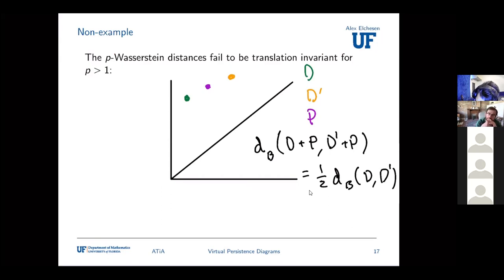I can match this point to the point P and this point to the point P as well, and that gives half the distance. I can obviously make this distance go to 0 if I put more and more points in between D and D prime. This also works for any p greater than 1 for the same reason. It's just easier to see with the bottleneck distance.